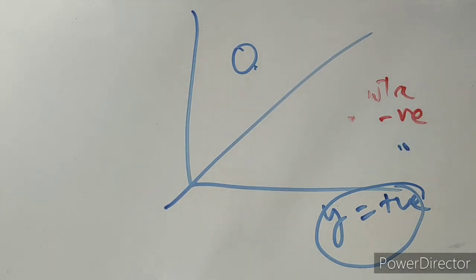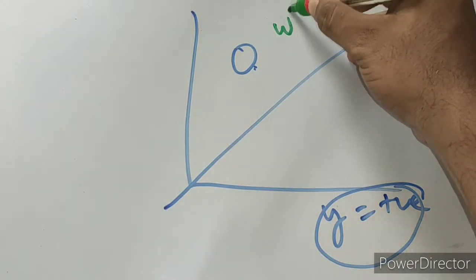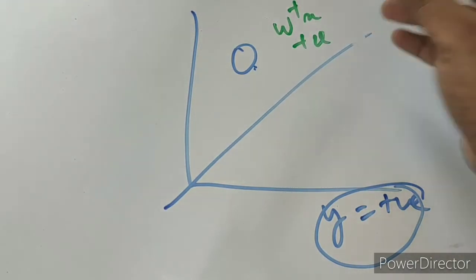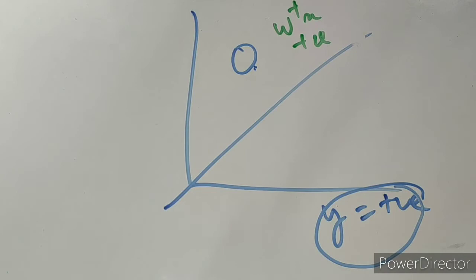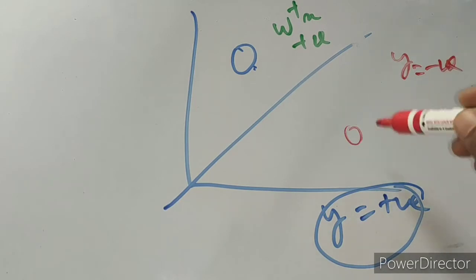It means incorrectly classified. Similarly, WTX is positive, but the y value given for that is negative. It means in the data it is present here, but the calculation says it is present here. So in such a scenario it is incorrectly classified.